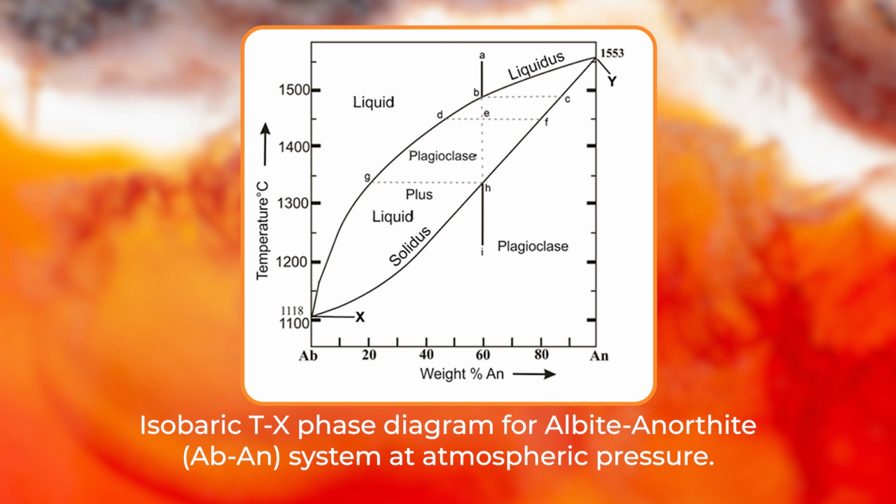Opposite to the liquidus curve, you have a concave curve, which is called the solidus curve, and below this curve everything is solid plagioclase crystal. In between the solidus and liquidus curves, there is a loop-like structure where you have plagioclase plus liquid both.